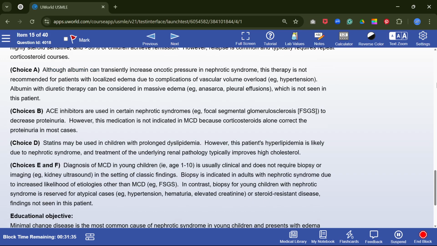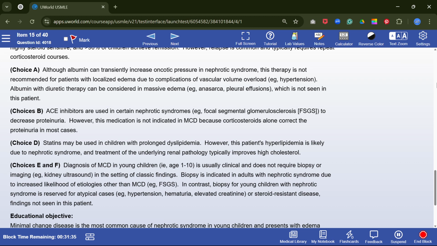Diagnosis of MCD in a young child is usually clinical and does not require biopsy, imaging, or kidney ultrasound. In the setting of clinical findings, biopsy is indicated in adults with nephrotic syndrome due to increased likelihood of etiology other than MCD, such as focal segmental glomerulosclerosis.